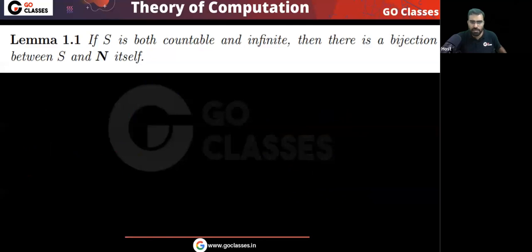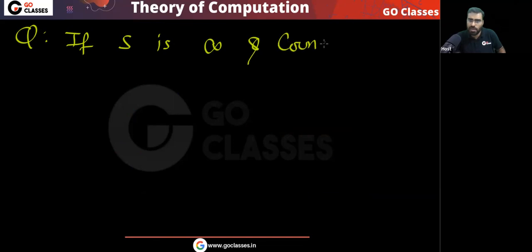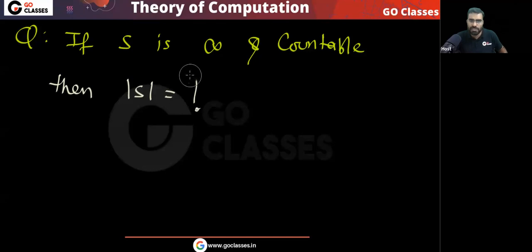But before that, I'm asking you a simple question. If S is infinite and countable, what can you say about the size of S? The size of S will be the same as the size of the natural numbers. Yes or no? Correct.